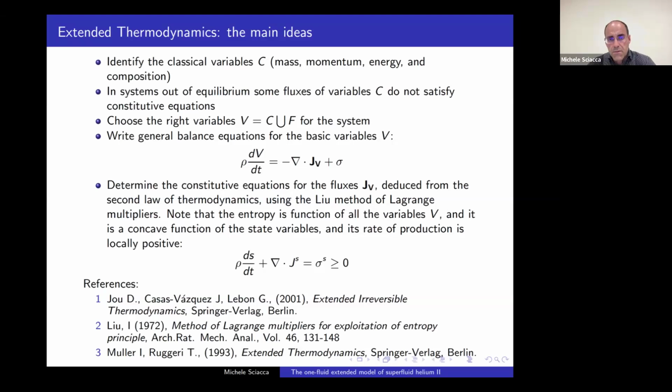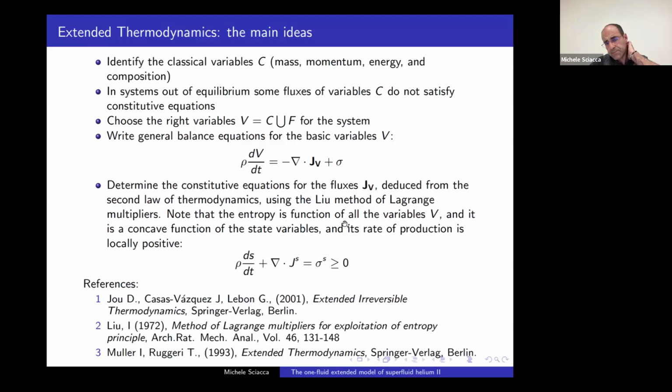You have more variables, and you consider a general balance equation for them, where V is the variable, JV is the flux of the variable, and sigma is a source term, which may be positive or negative, depending on the contribution inside the small volume.